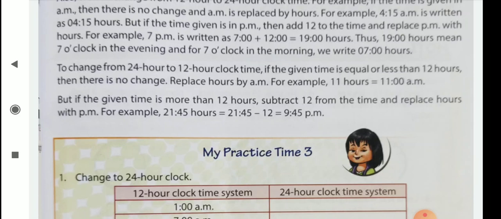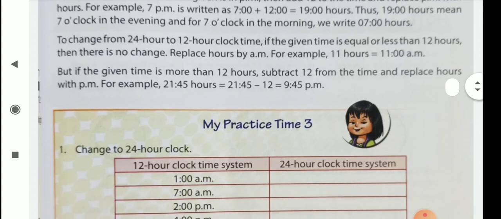But if the time is more than 12 hours, we just subtract 12 from the time and replace hours with PM. For example, 21:45 hours means, children, 21:45 minus 12, that is 9:45 PM. Clear, children?